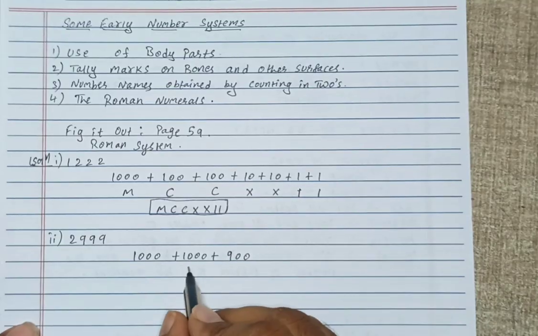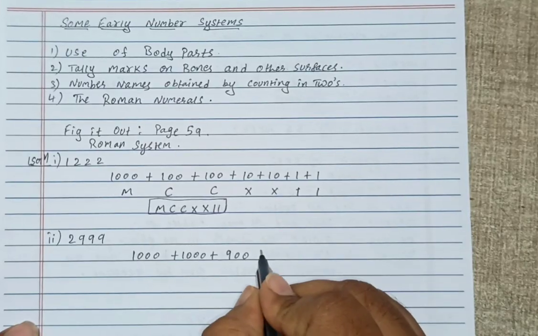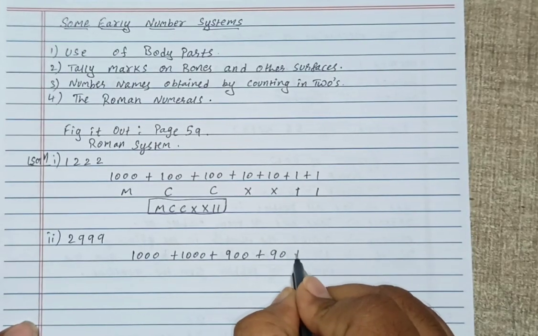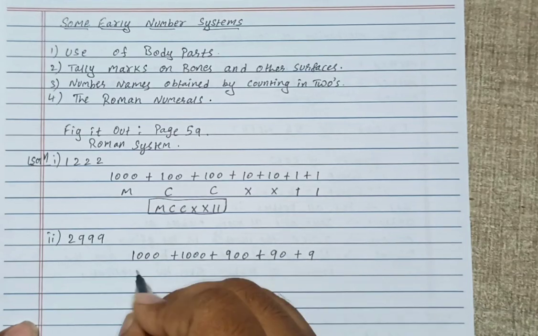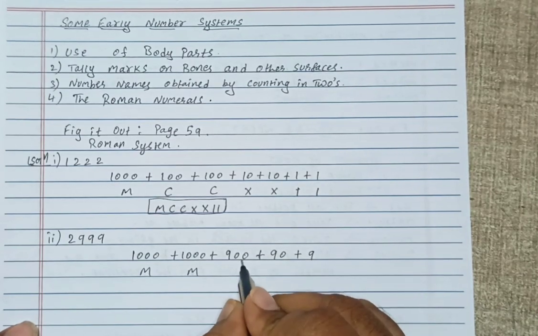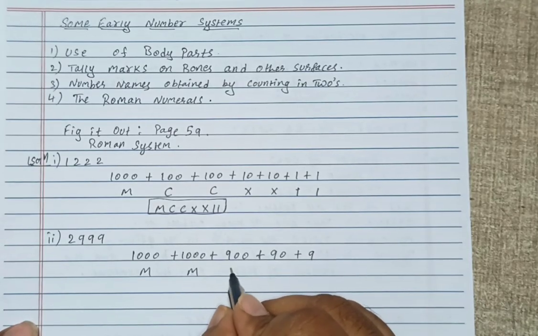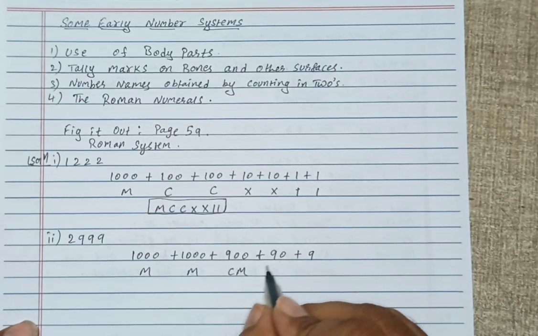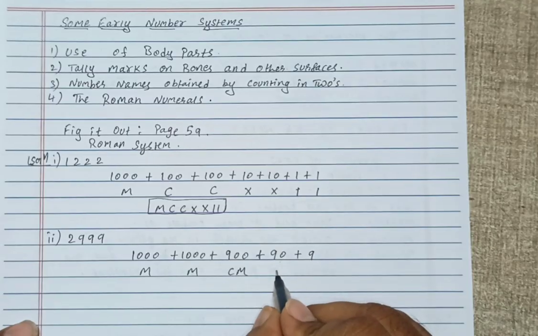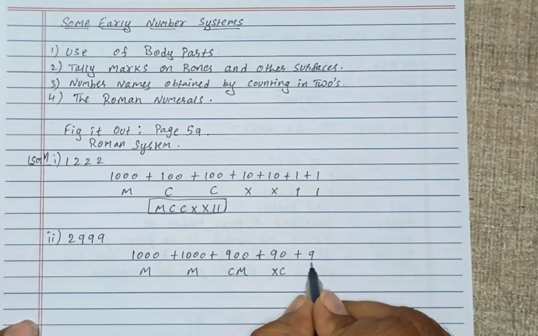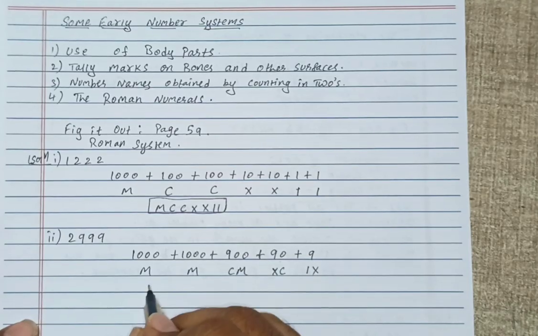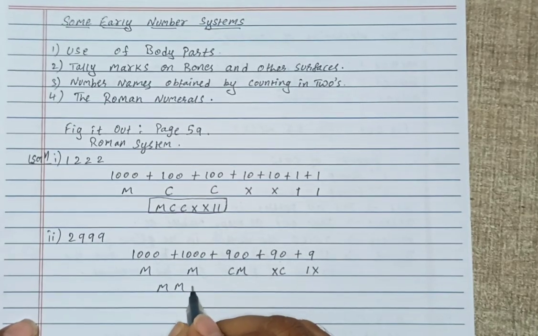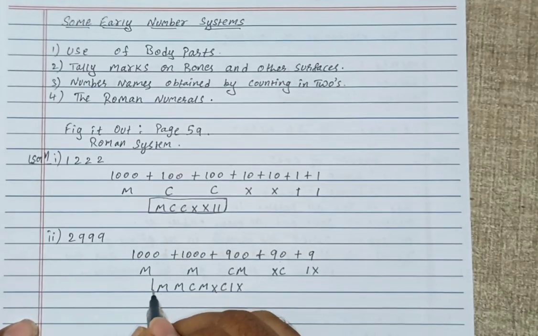So 1000 we know is M, so 1000 minus 100 is 900, that is CM. And here the same again, 100 minus 10 is 90, that is XC. And here 9 is IX. So we get the number MMCMXCIX.